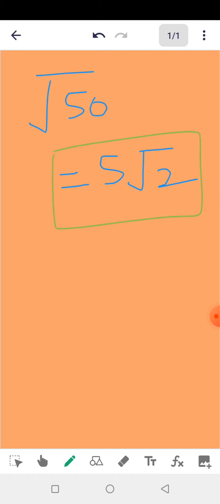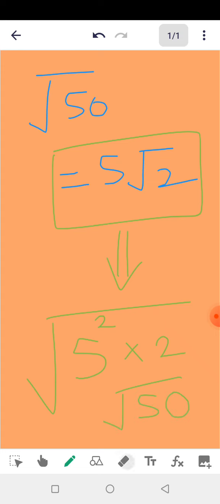More like we want to reverse it back to square root of 50. That will be easy. So if you want to do that, the process is simple. You take out a big square root, put the 5 back in the square root, but this time add a square on it, then times 2. Okay, so 5 squared is 25. 25 times 2 is 50. So we have, again, our surd square root of 50.